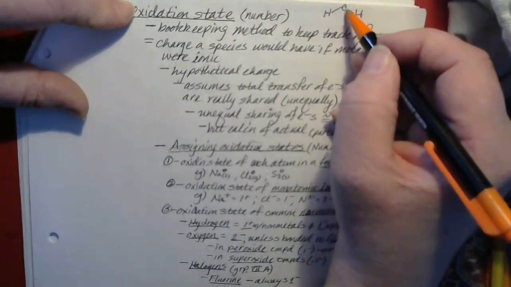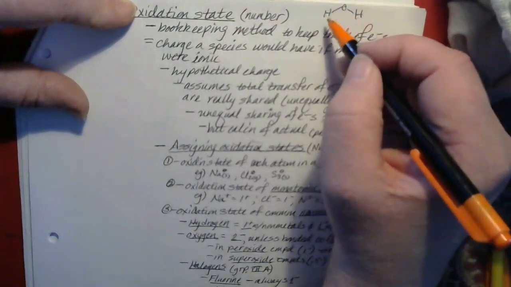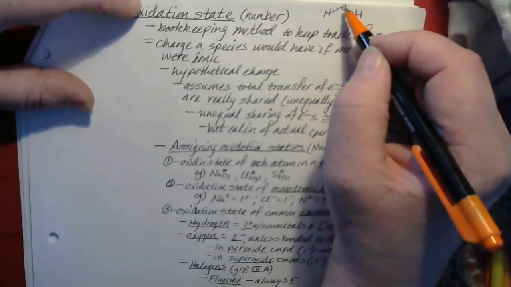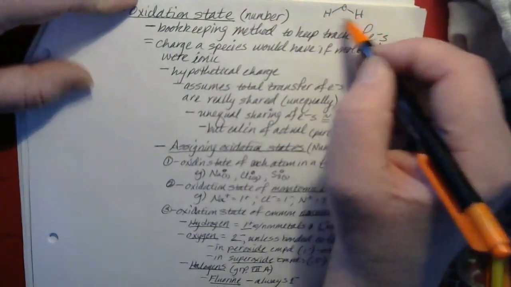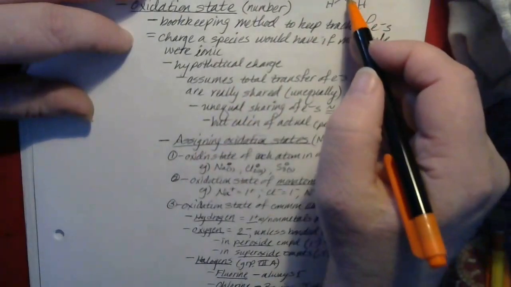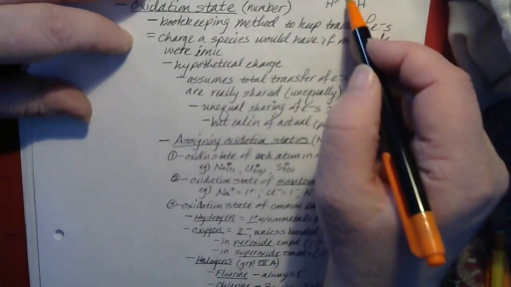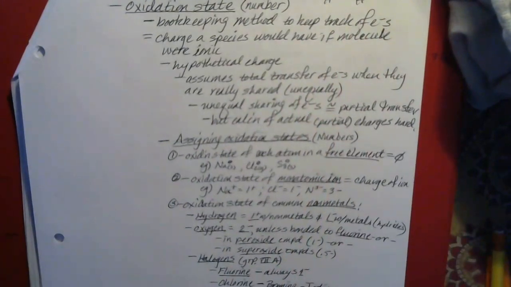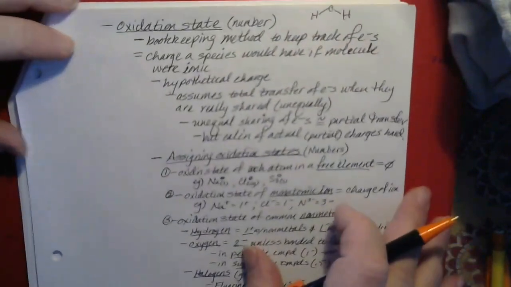Oxygen has a stronger attraction for electrons, so it will pull electrons in from the hydrogen, and you'll end up with a partial negative charge on the oxygen and partial positive charges on the hydrogens. It won't be +1 or -2. It'll be maybe +0.3 and -0.3, something like that.